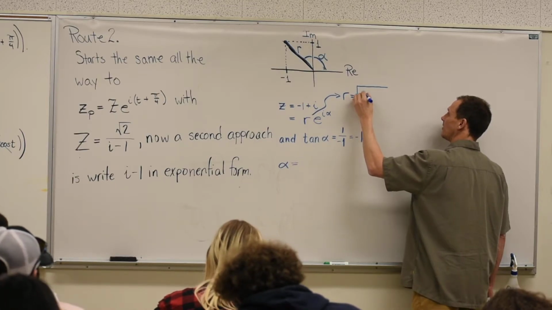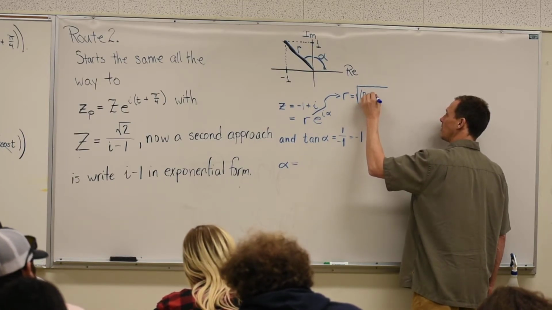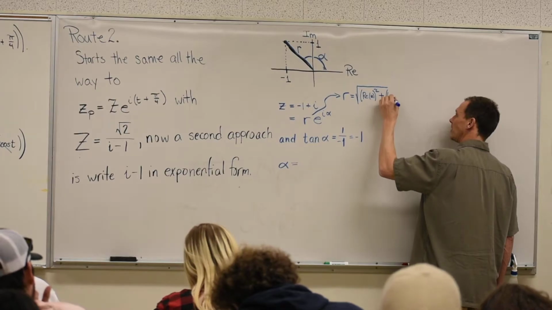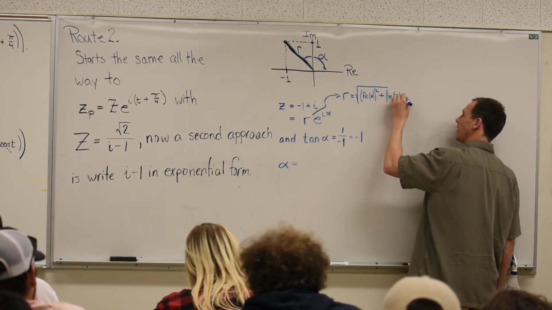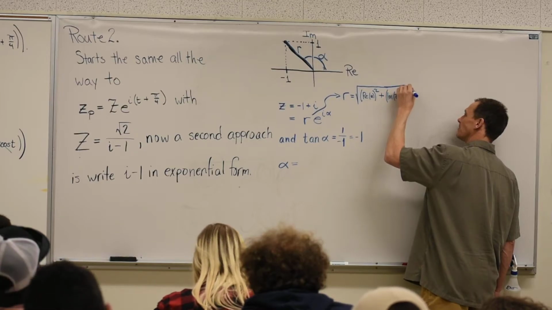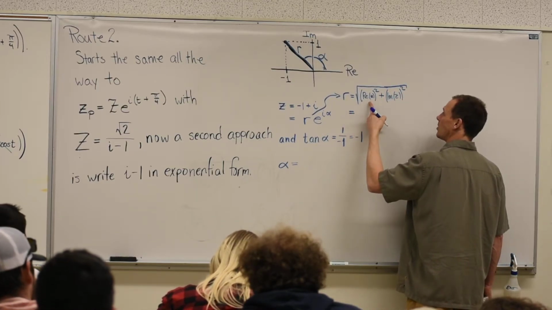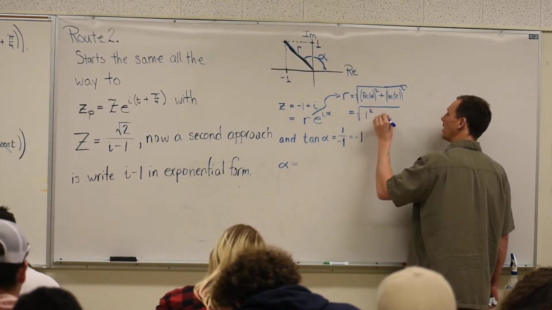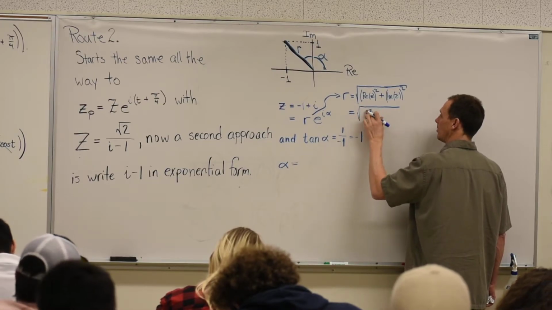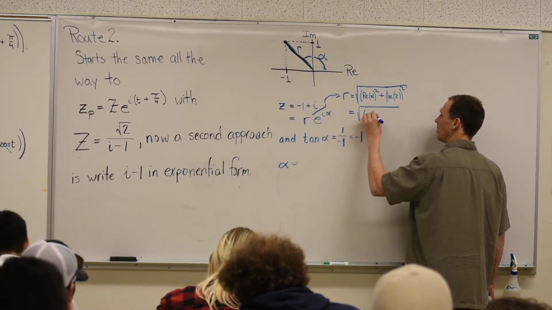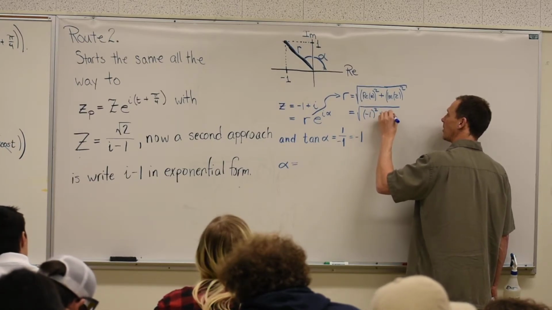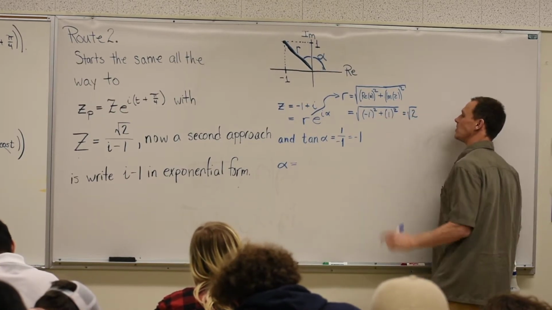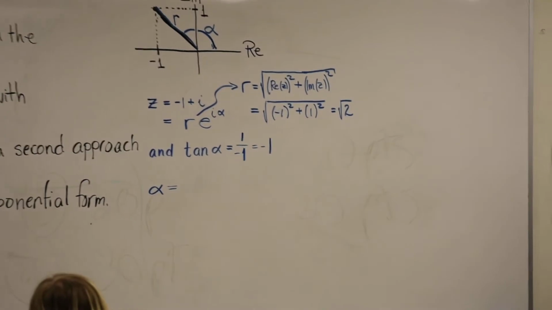So you could write it as the real part of z squared plus the imaginary part of z squared. In this case, the real part is negative 1 squared, and the imaginary part is 1 squared, and that's where we're coming up with the square root of 2.